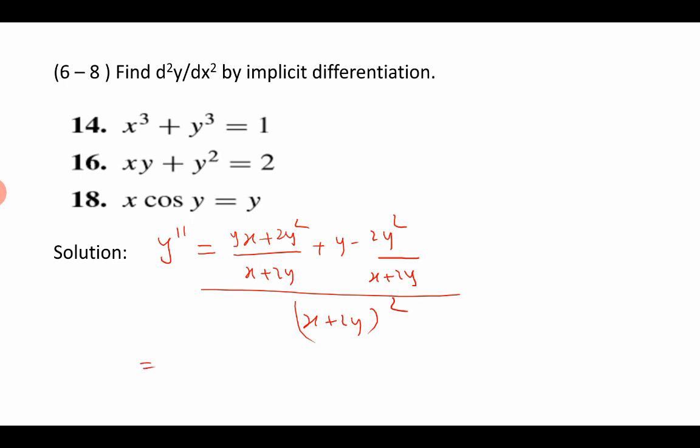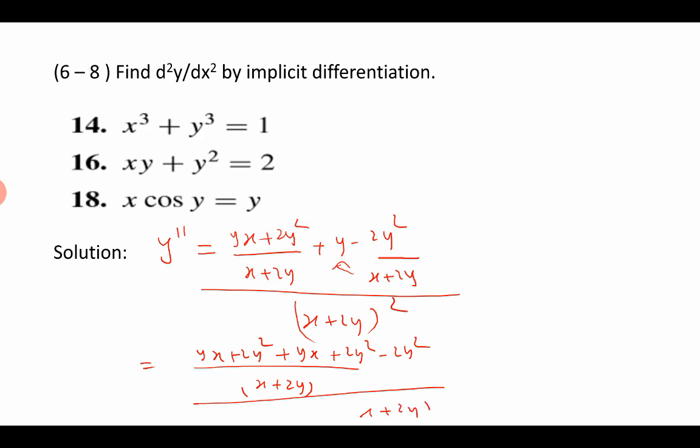So when you simplify further, the common divisor will be x plus 2y. So in this first step, yx plus 2y square, when you multiply this one here, yx plus 2y square minus 2y square, whole divided by x plus 2y whole square.